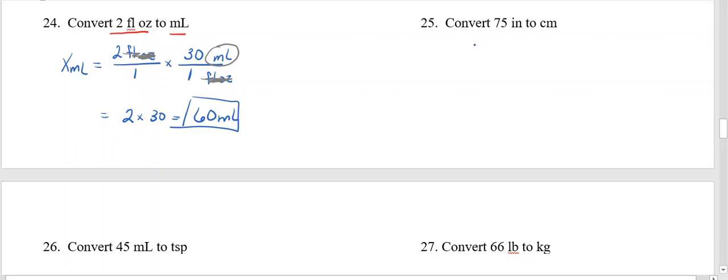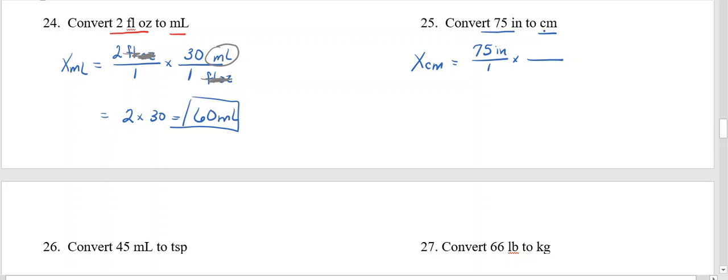Let's go over here to 25, and let's convert 75 inches to centimeters. So again, I'm looking for centimeters, so that goes here with X centimeters. I've been given 75 inches, so it goes on top. That goes over 1 times my conversion. So this is one of those odd conversions.